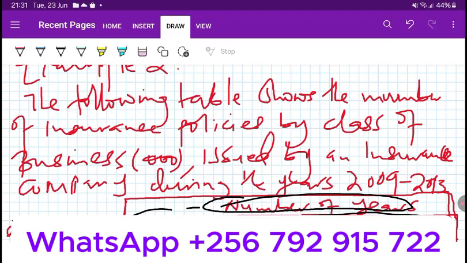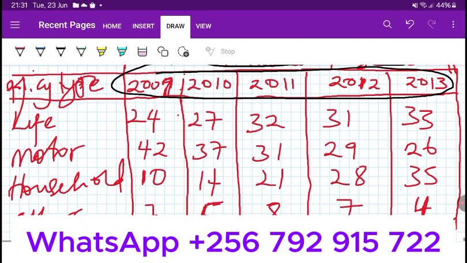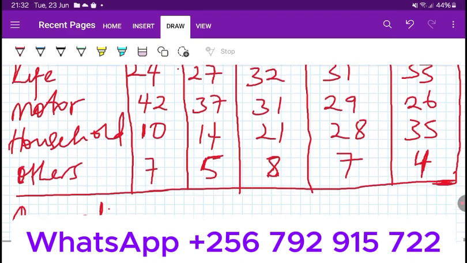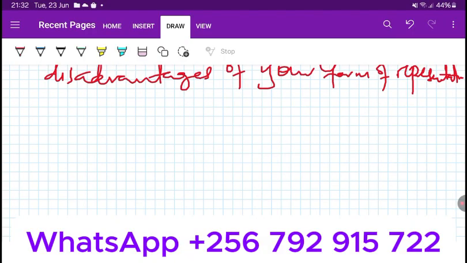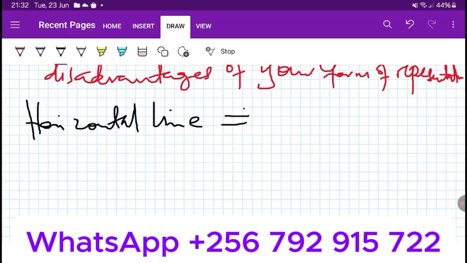So the variables are actually years and then the insurance policies. We are going to make sure that our horizontal line has the years, because we are going to be drawing a vertical bar chart. If they have not specified that you draw a horizontal bar chart, you always take it that it's a vertical bar chart, because that's what we basically draw.